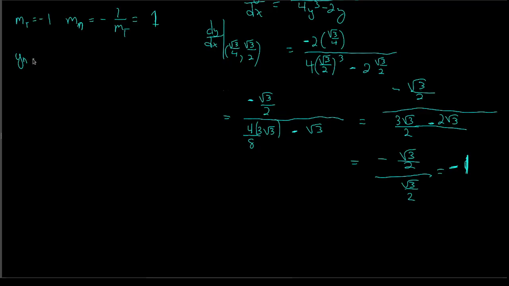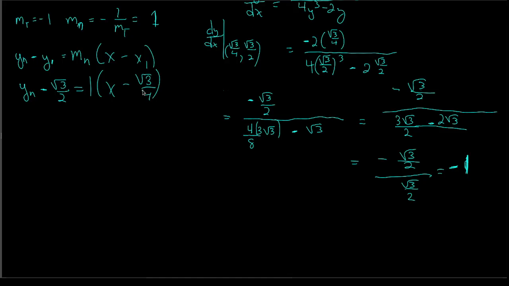So y normal minus y1 equals the slope normal times x minus x1. So y normal minus root 3 over 2 equals 1 times x minus root 3 over 4. So y normal equals x minus root 3 over 4 plus root 3 over 2.